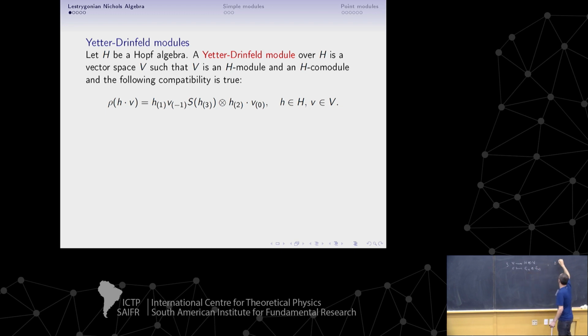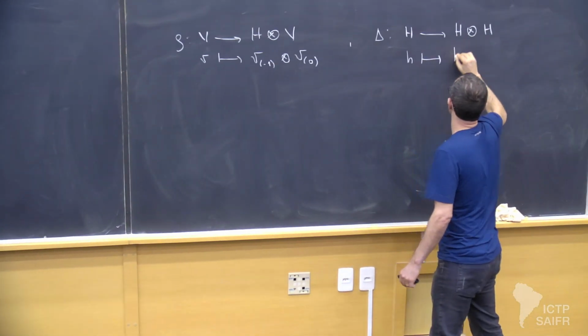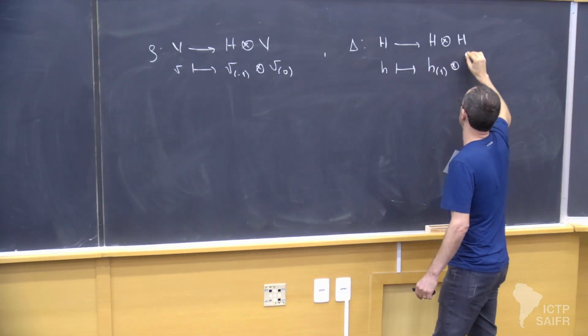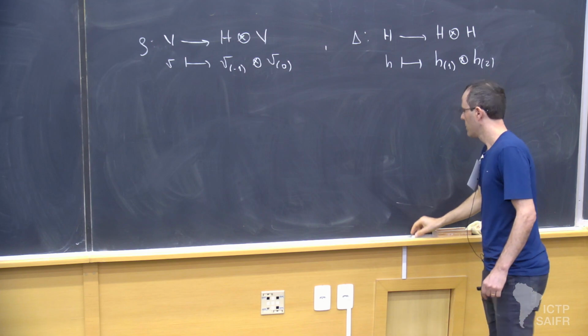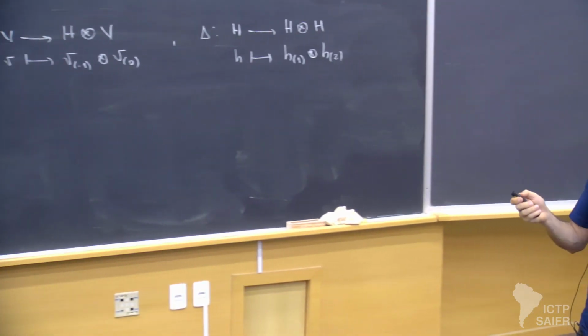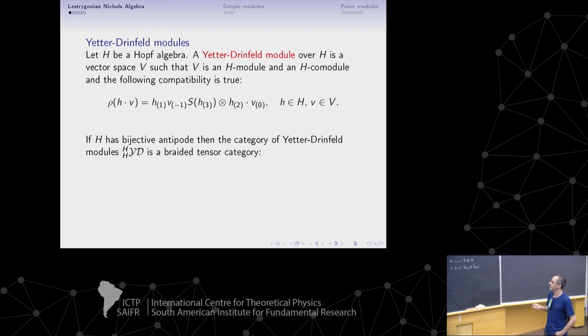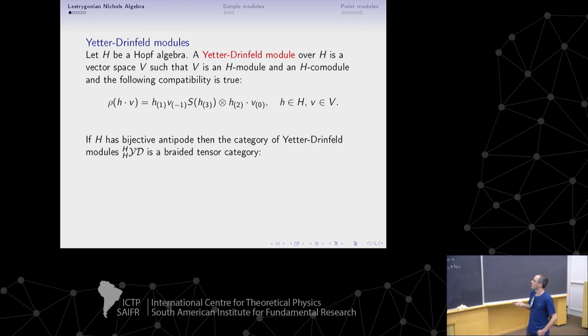And for the coalgebra, we use the classic notation, without sum. So this condition is the compatibility between the structures of module and comodule.